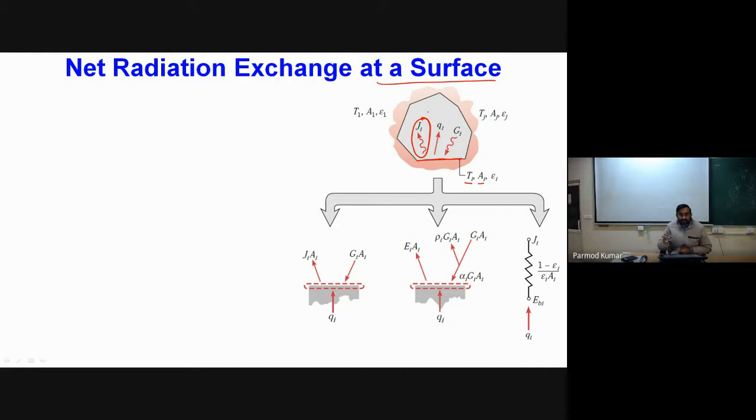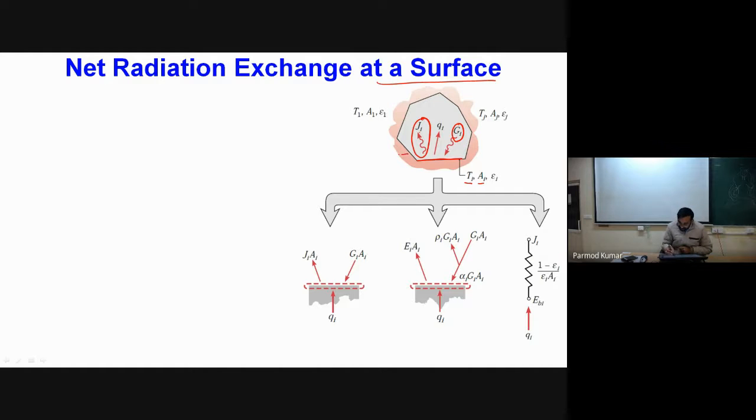Radiosity means the emissions plus the amount of rays reflected. So that total is given as Ji, and Gi is the total energy that is incident on this surface from all other surfaces which are part of this enclosure. Okay, and say Qi is the net rate of heat transfer.